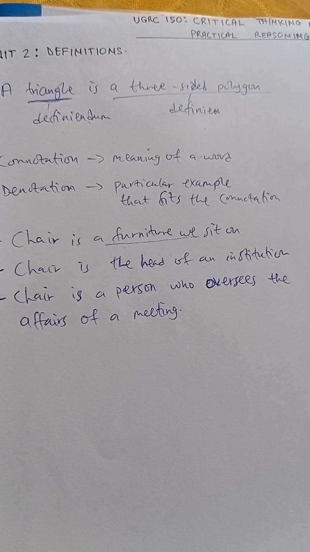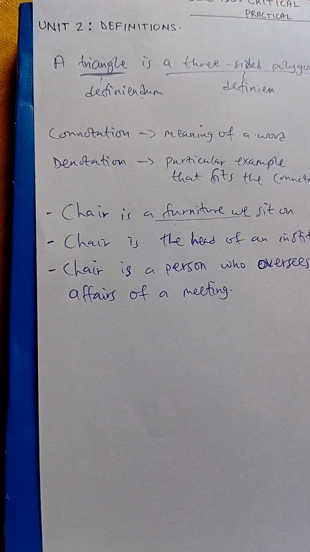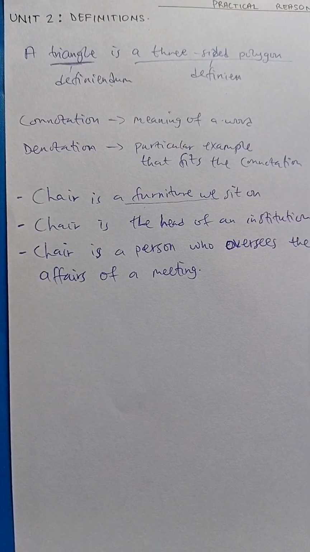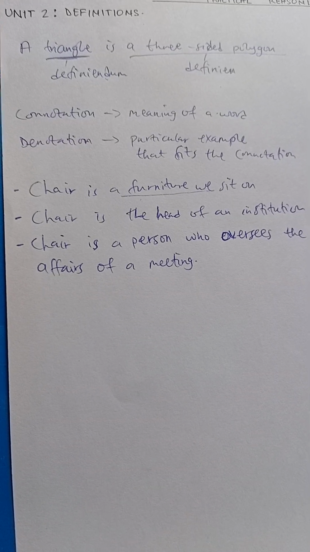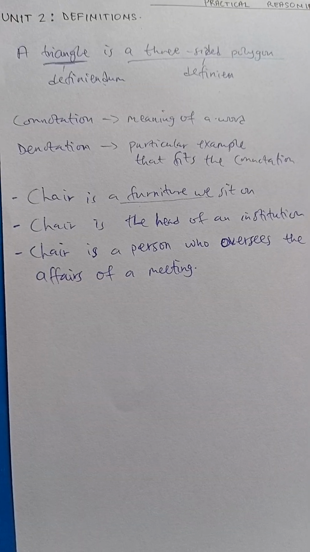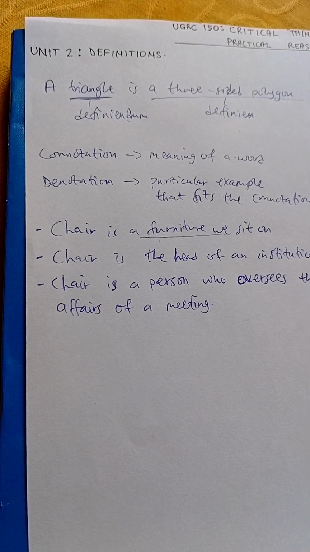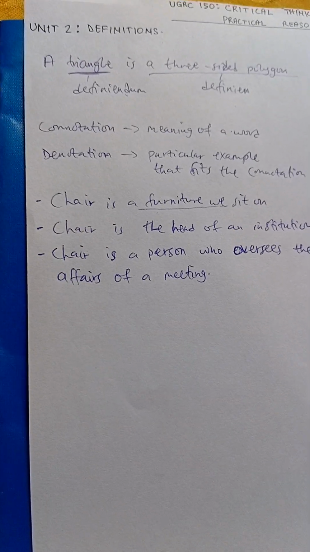Now we call something equivocation. Here some people are trying to cheat the system. They want to persuade someone, to manipulate someone. So they are going to use the knowledge they have of connotations. This is what they do.